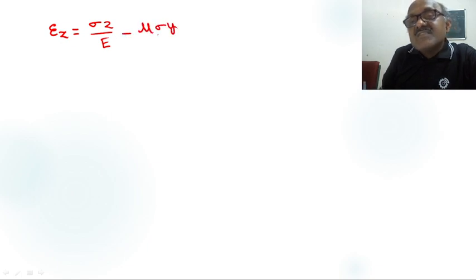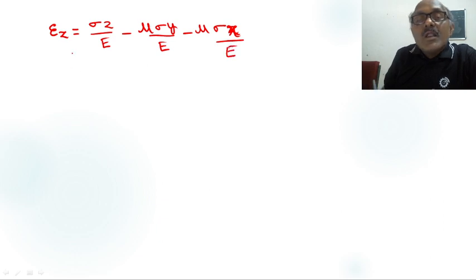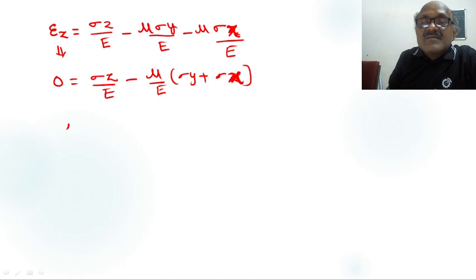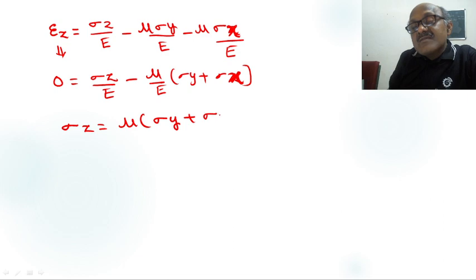That is, epsilon z equals sigma z by E minus mu times sigma y by E minus mu times sigma x by E. Now here strain z is equal to 0, so substituting, sigma z by E minus mu by E into sigma y plus sigma x equals 0. Now from this, sigma z is equals to mu times sigma y plus sigma x.